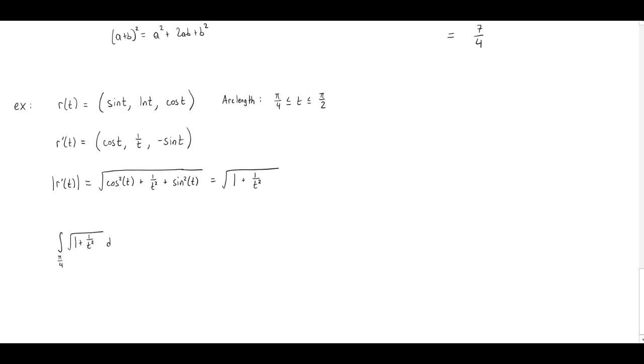Okay, this makes my bounds nicer, so I'm going to change it. Looks like just 1 to 2 would be pretty simple, because I don't have any trig functions in my integral, so I don't need to be doing stuff with pi. It's not a big deal, but okay.